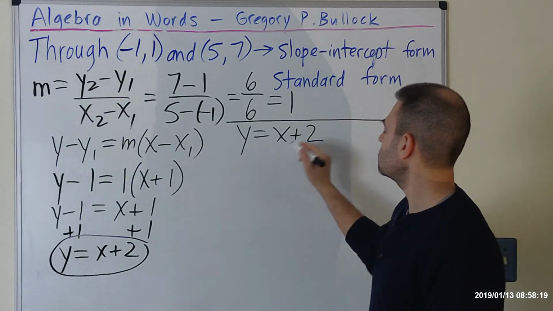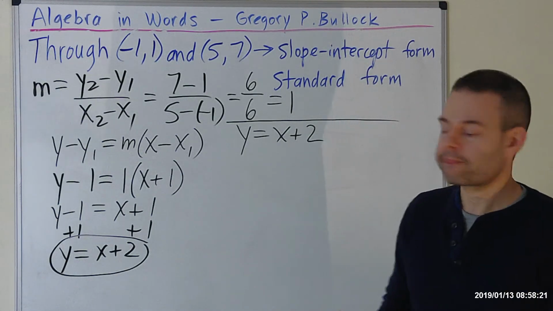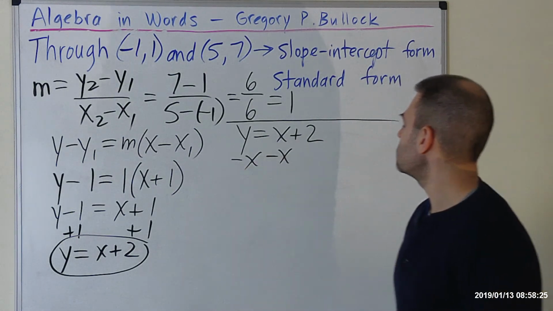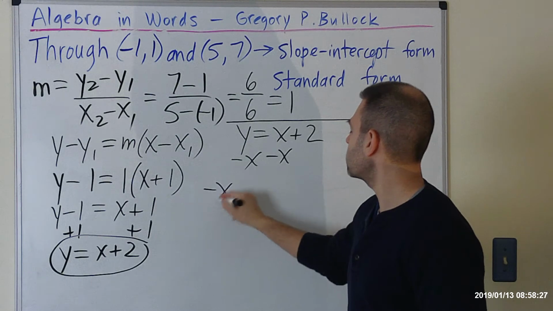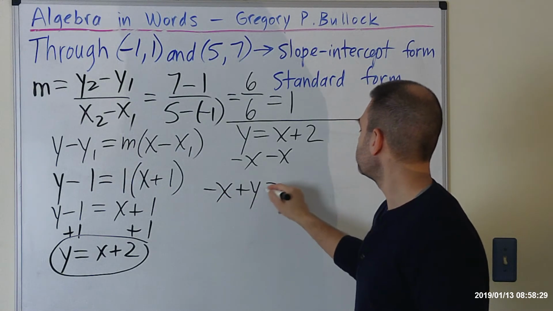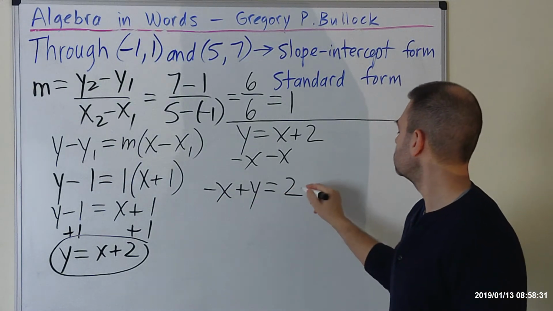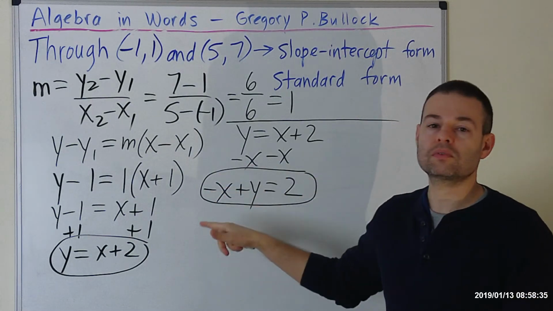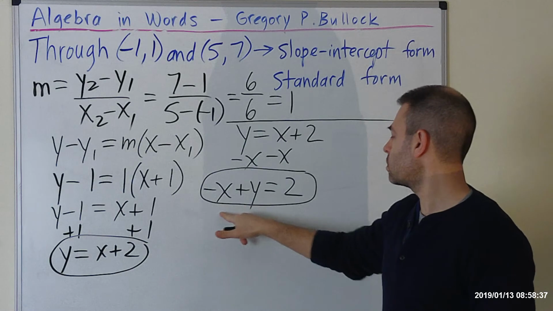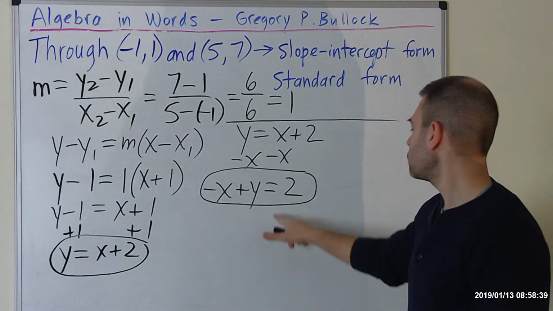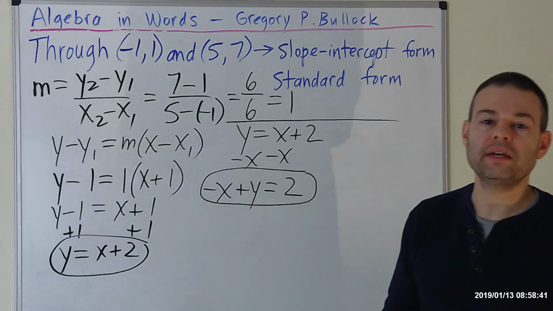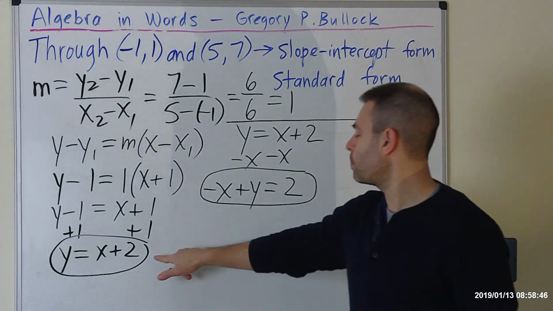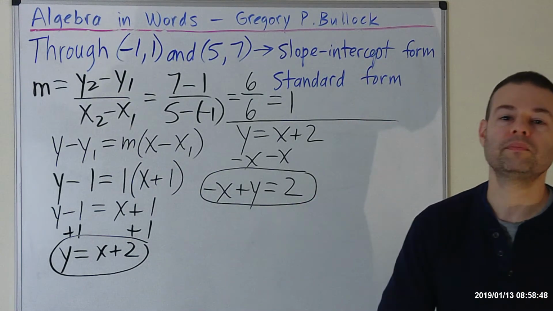Let's subtract x from both sides, and we're going to have negative x plus y is equal to 2. Now we have both terms with the variables, the x term and the y term, on the left, equal to a number on the right, and that qualifies as standard form. So we have it in slope-intercept form and standard form.